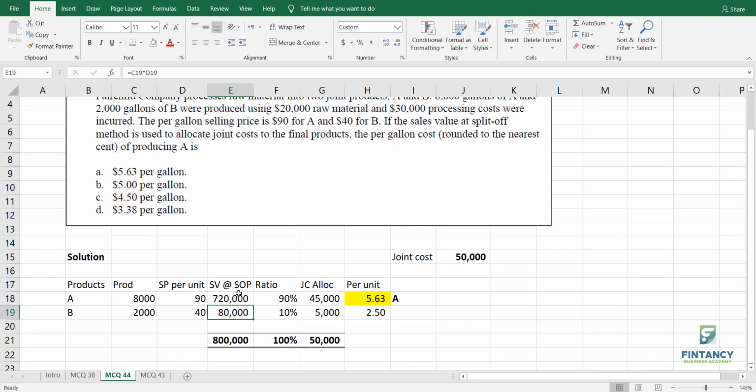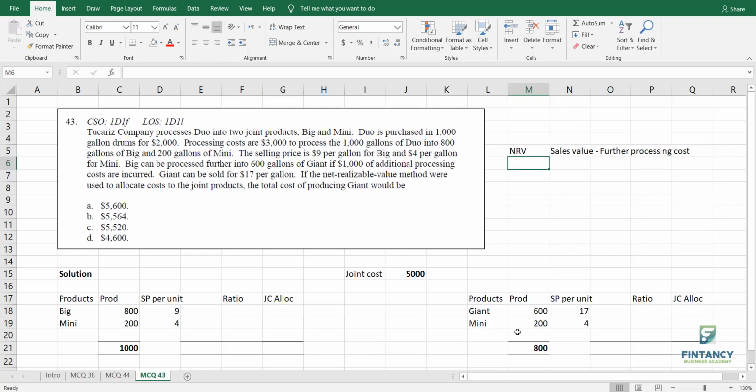Getting it? So some of you may have already done the same thing which we did before. Remember here what we did? You calculate sales value at split off. What is split off? Split off point is before further processing. Getting it? So if you do the same thing, basically you are not using the NRV method, you are using the sales value at split off method. So how to use the NRV method?